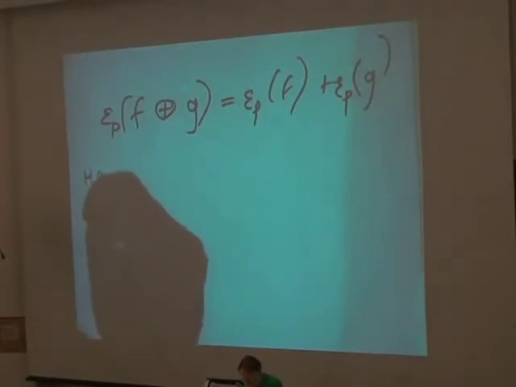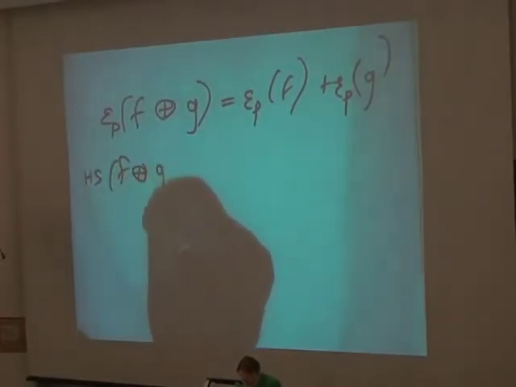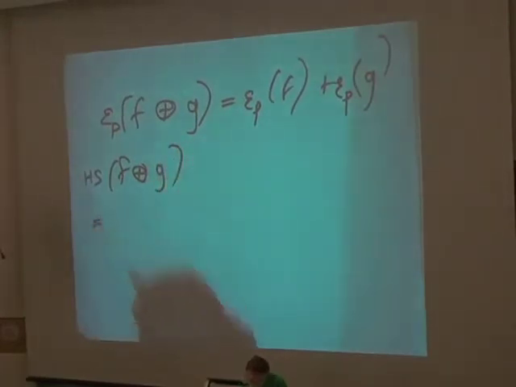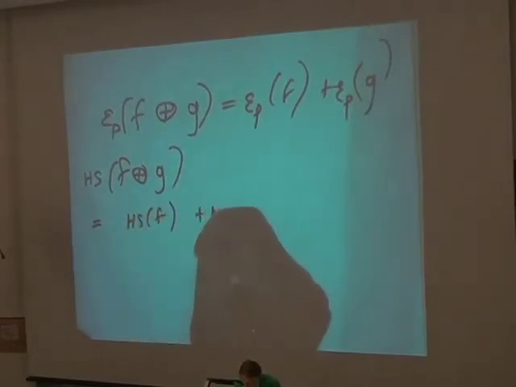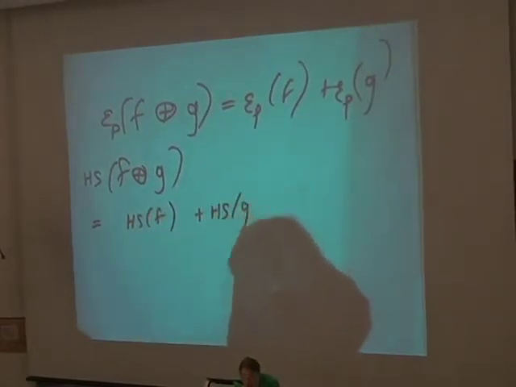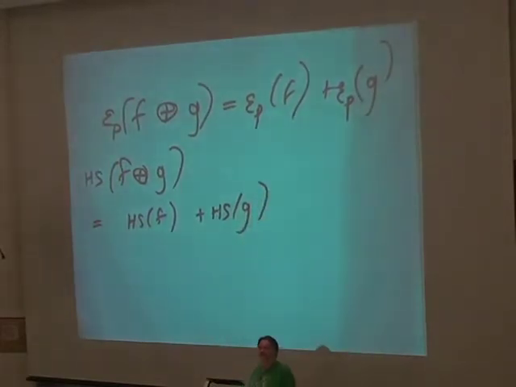The Hilbert symbol of f direct sum g is the Hilbert symbol of f plus the Hilbert symbol of g, plus all the inner products.